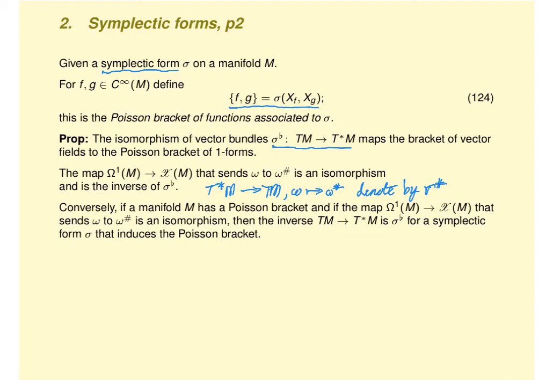So this map from one forms to vector fields is denoted pi sharp for the moment. It sends one forms to their sharp, and if we started with a df, then the vector field would be the Hamiltonian X_f. So that's an isomorphism of vector bundles, and the inverse is sigma flat.